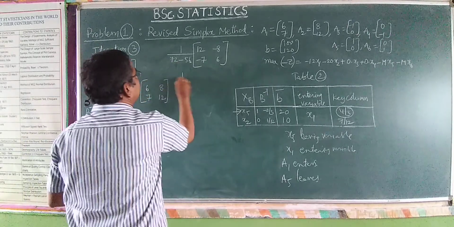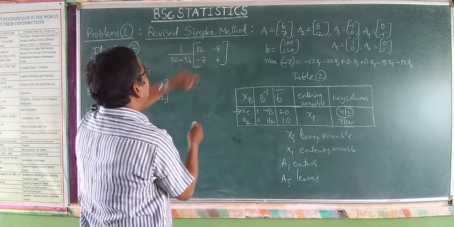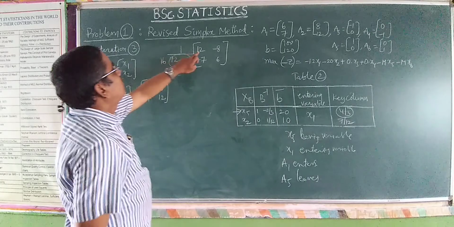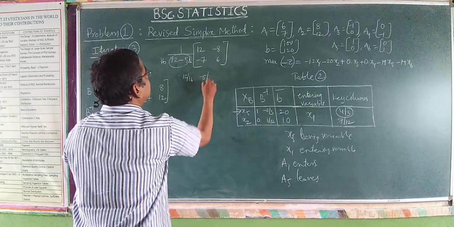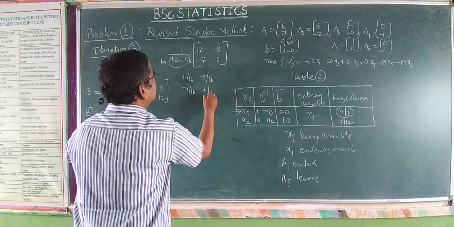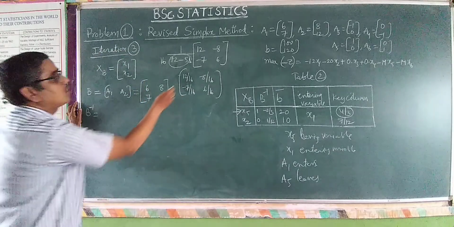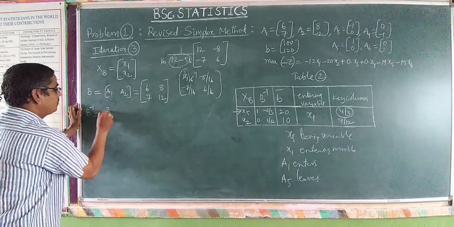It is 1 by 16, multiplied by all these values: 12 by 16, minus 8 by 16, minus 7 by 16, 6 by 16. The first value, 12 by 16, is 3 by 4.